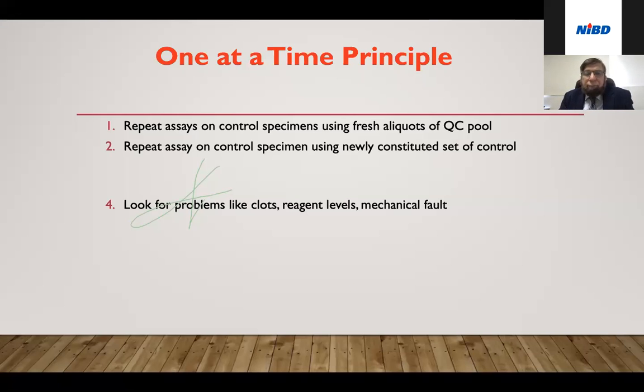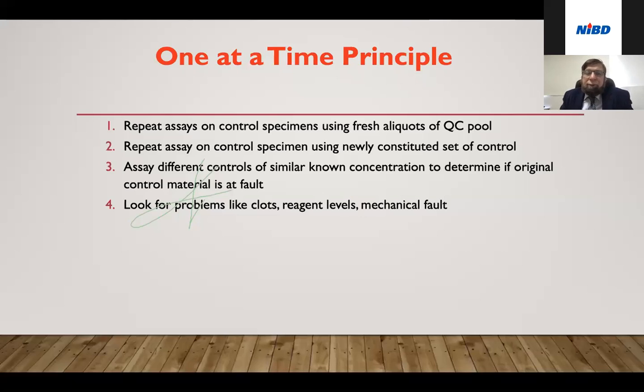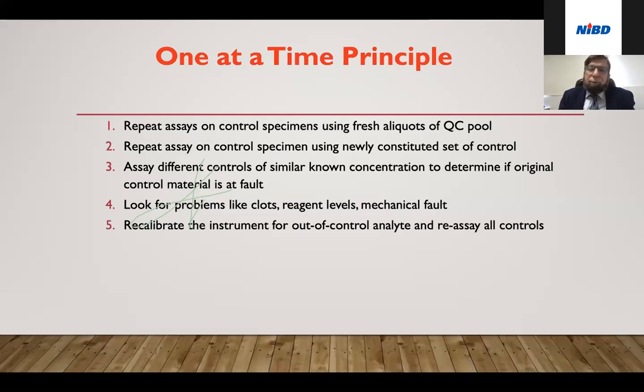If it doesn't work, then you assay different controls of similar known concentration to determine if the original control material is at fault. For example, if you are using controls from manufacturer A, then you should use a control from manufacturer B and see whether the problem persists or not. If the problem still persists, then you look for clots, reagent levels, mechanical faults, etc. Recalibrate the instrument for out of control and reassay all controls.